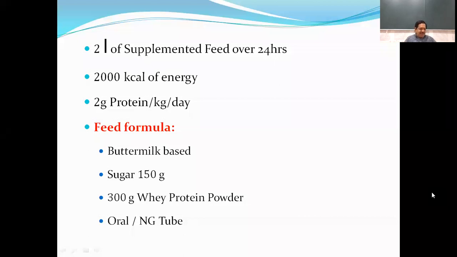You add sugar 150 grams and 300 grams of whey protein, that is from the milk, either through the oral or nasogastric tube. Two liters must be supplemented either orally or by nasogastric tube to the patient. This is in addition to the normal diet which he is willing to take, but this is a must.